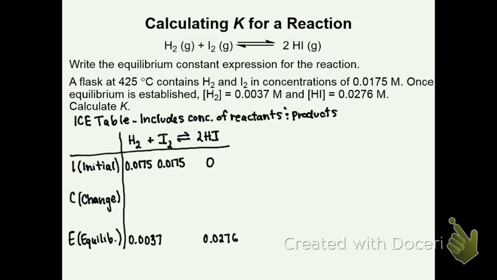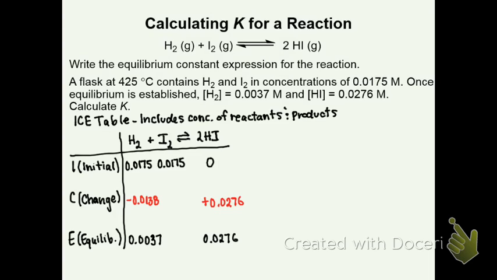So we know that the change in HI must be plus 0.0276 because we didn't start with any HI initially. And then we know that the decrease in H2 must be minus 0.0138, which actually is half of the increase in HI, which makes sense because for every 1 molecule of H2 that reacts, we form 2 molecules of HI.